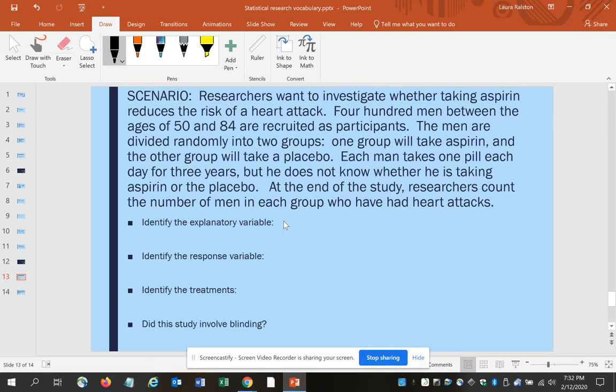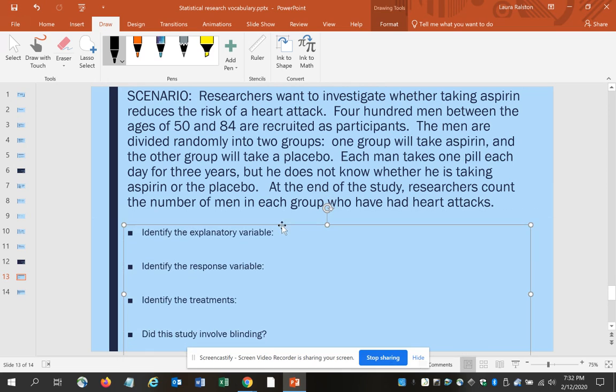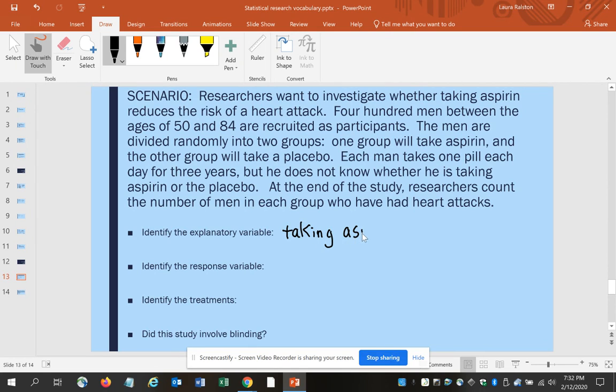So my explanatory variable, my independent variable, is taking aspirin. The thing that I'm manipulating is whether or not the subject is taking aspirin.